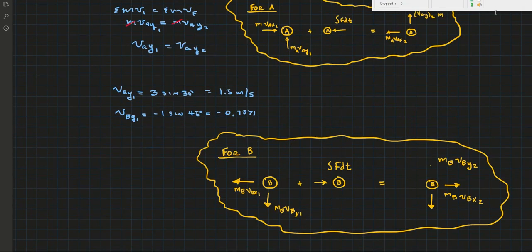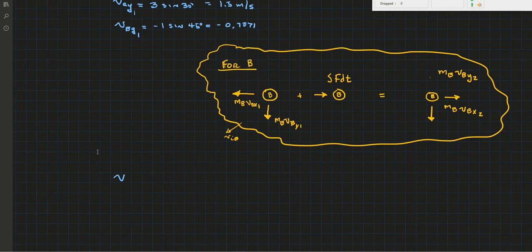And here's a schematic of particle B. Again, the resultant velocity initially is in this direction for B. So our velocity is down initially, and that means our final velocity is down. Notice that our final velocity in the x direction for B is pointed in this direction.